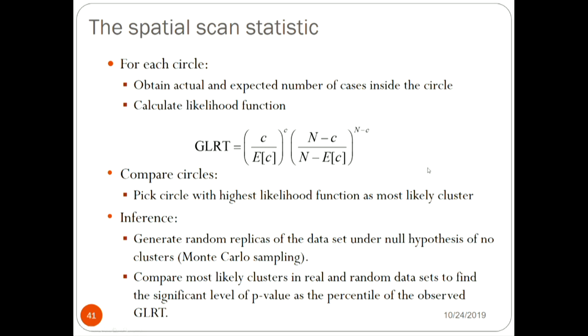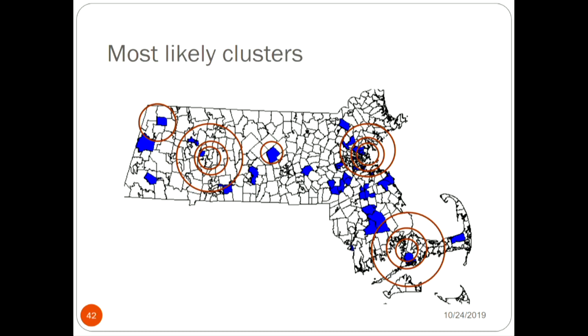For example, we can use SAS or R to calculate the predicted value for a Poisson model, aggregate those predicted values by county or census tract, and import those expected values in SaTScan to conduct the spatial test. Okay, so here is the example of the Massachusetts map data for the most likely clusters.